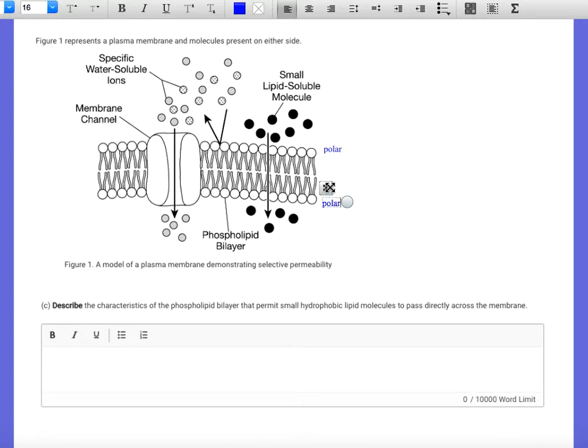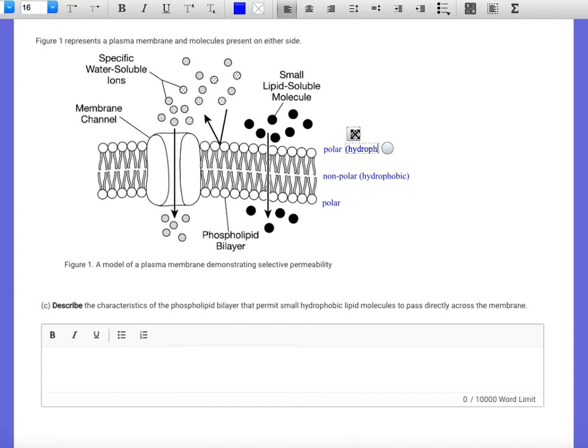Each of these phospholipids has a polar head and a nonpolar, hydrophobic tail. That's why the tails end up on the inside, away from the aqueous environment of the cell. And again, the polar heads are hydrophilic.